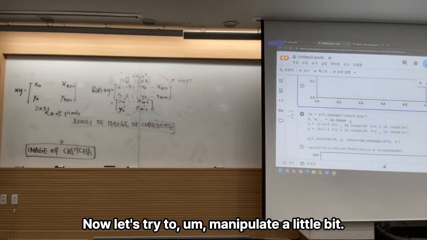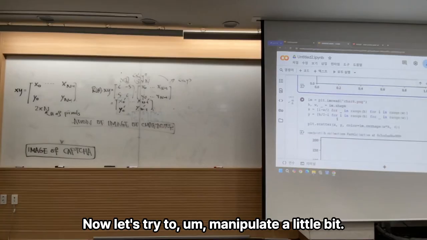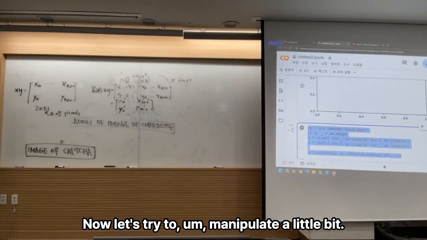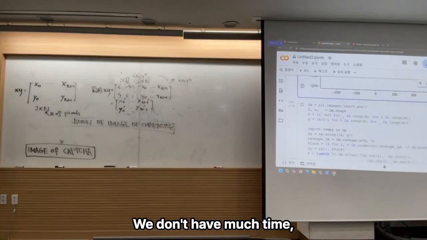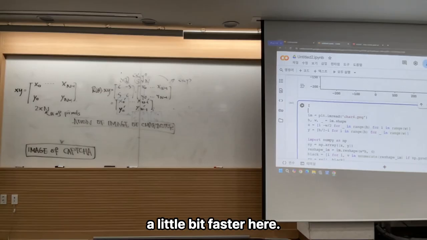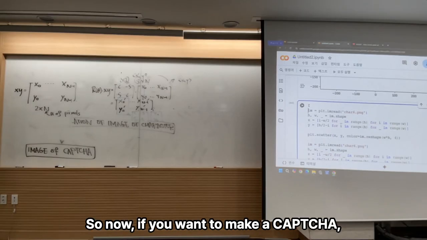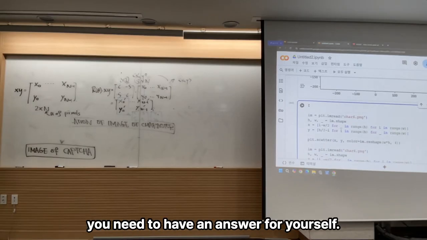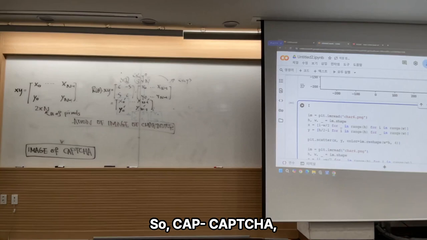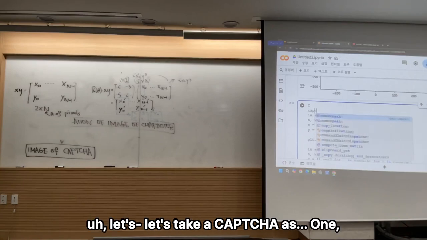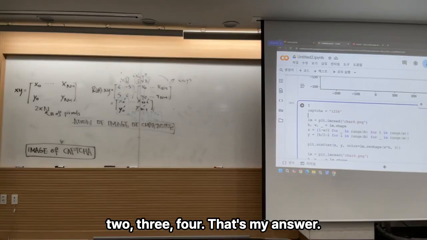Now let's try to manipulate it a little bit. We don't have much time, so I'm going to go a little bit faster here. If you want to make a CAPTCHA, you need to have an answer for yourself. Let's take the CAPTCHA as 1, 2, 3, 4. That's my answer.